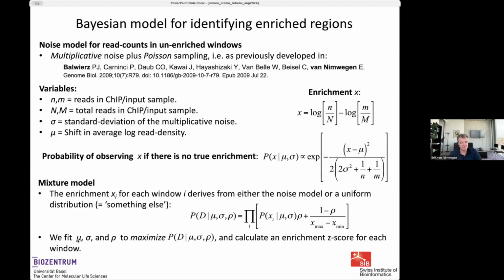Then we fit mu, sigma, and rho to maximize the likelihood of the entire data set across the genome, and we can use that to go into individual windows and calculate a probability that the window is truly enriched.